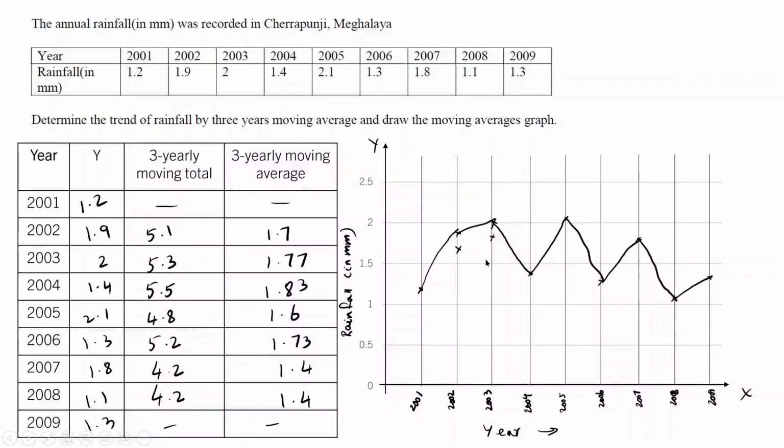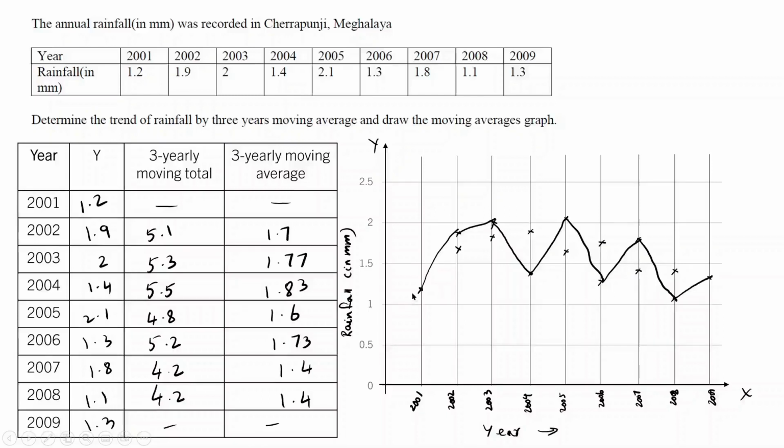Then for 2004, it is 1.83, somewhere here. Then for 2005, it is 1.6. And then for 2006, it is 1.73. Then for 2007, it is 1.4. And for 2008 also, it is 1.4.